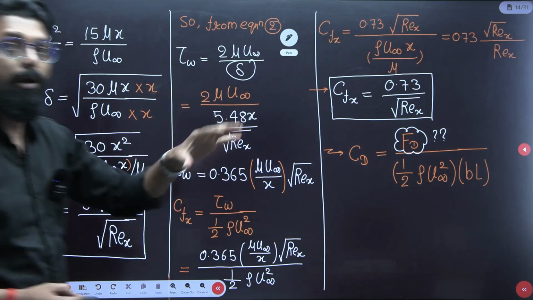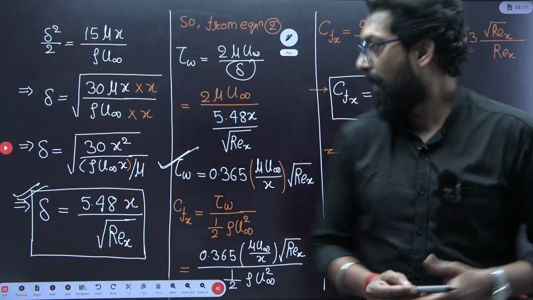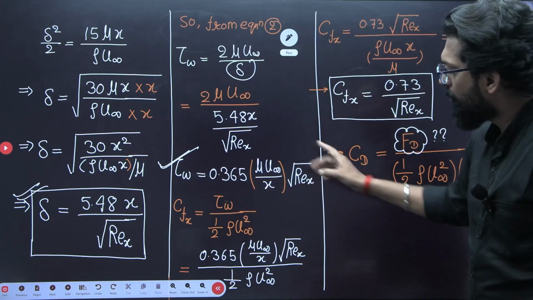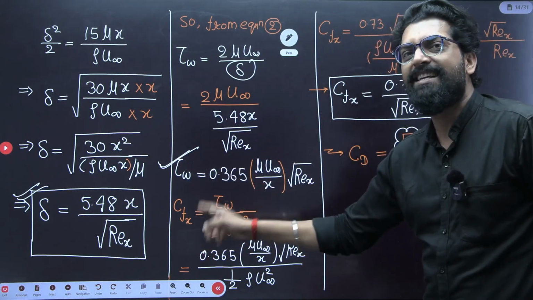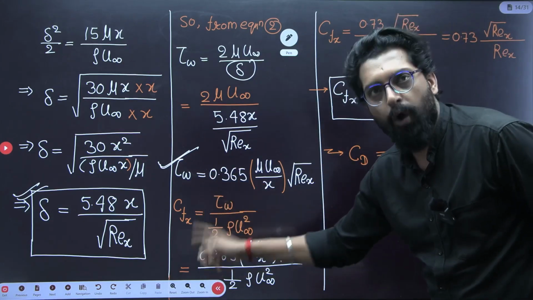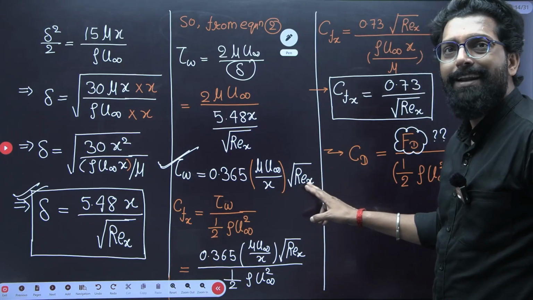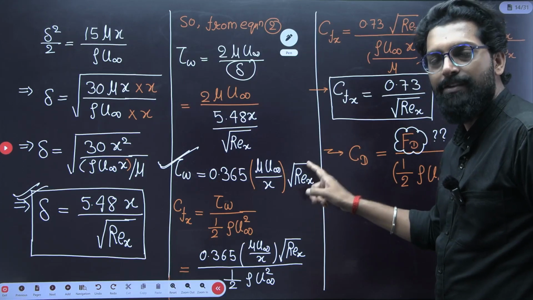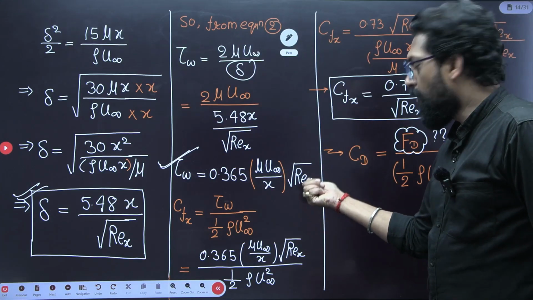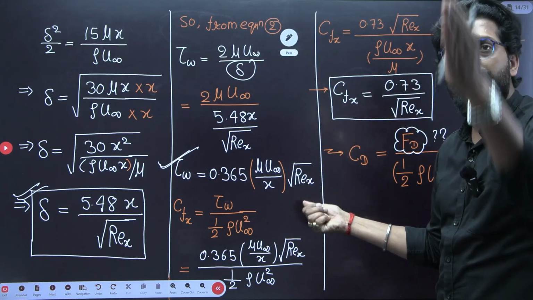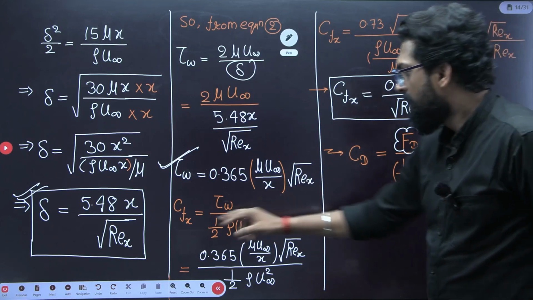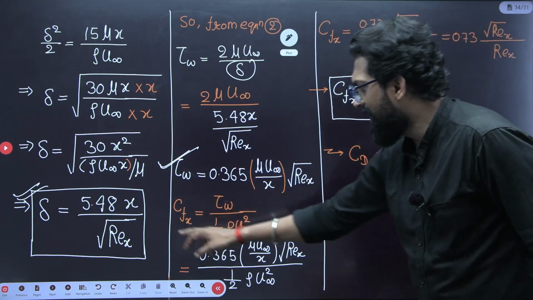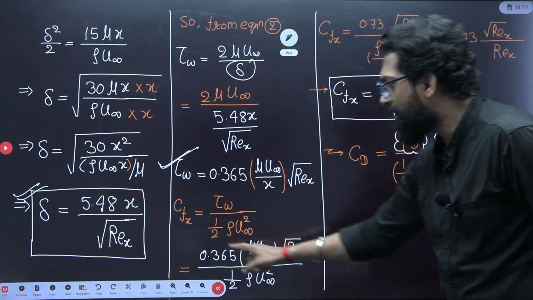Once you have the wall shear stress, you can easily calculate the local skin friction coefficient. Local, why? Because this is a local Reynolds number, Re_x. It is not Re_L. This is your Re_x, that means the Reynolds number at any location x on the plate. So this is your local skin friction coefficient: wall shear stress divided by dynamic pressure.